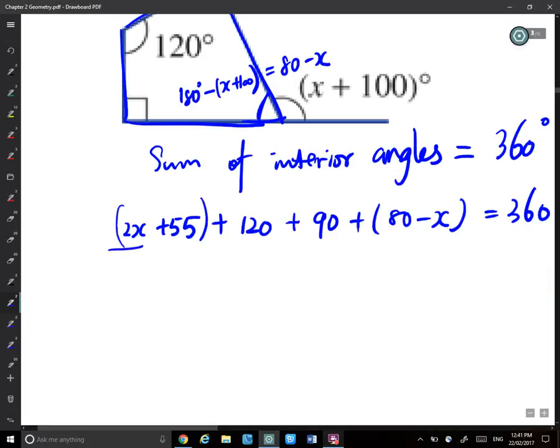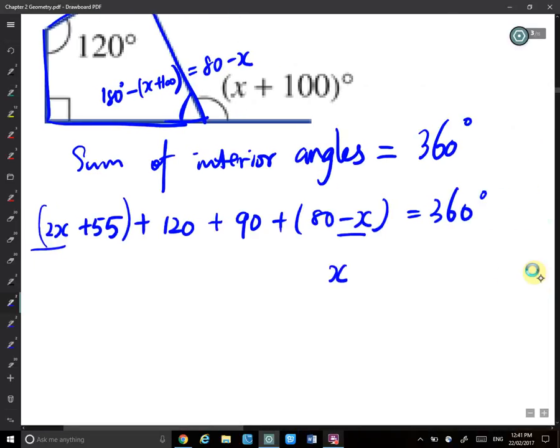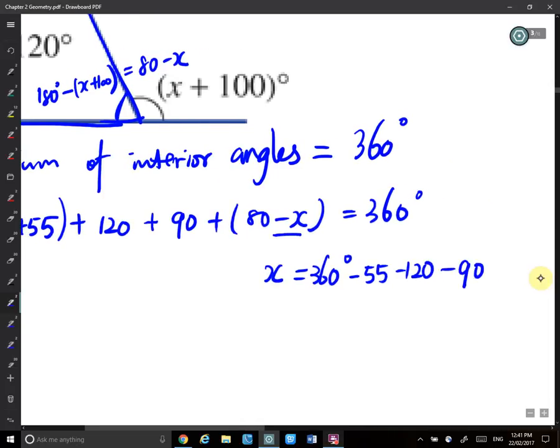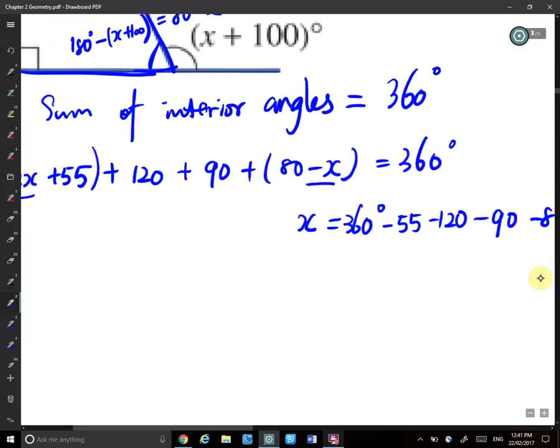So we have 2x and subtract x, we have x. x equals 360 subtract 55, subtract 120, subtract 90, and subtract 80.